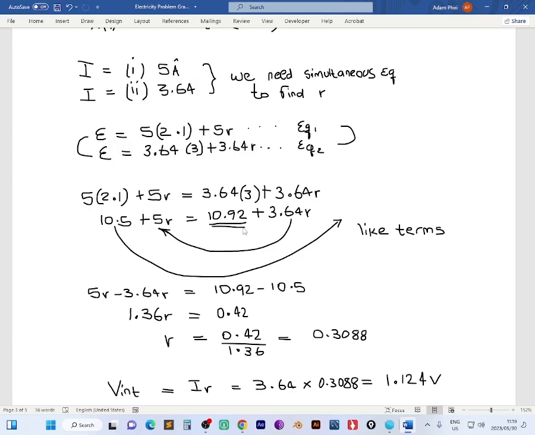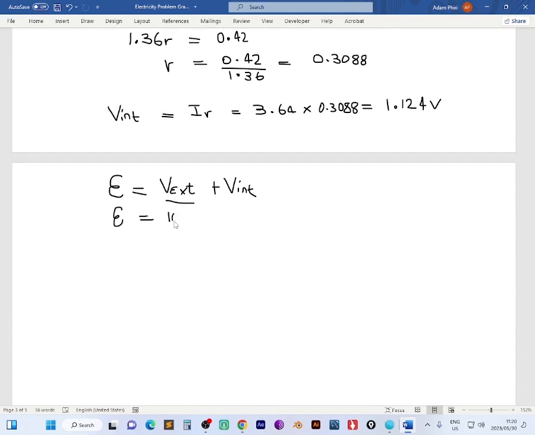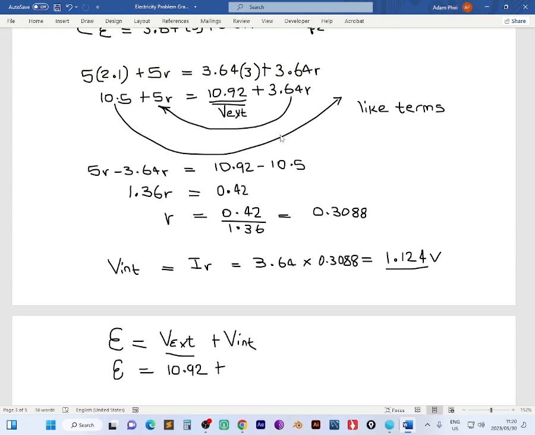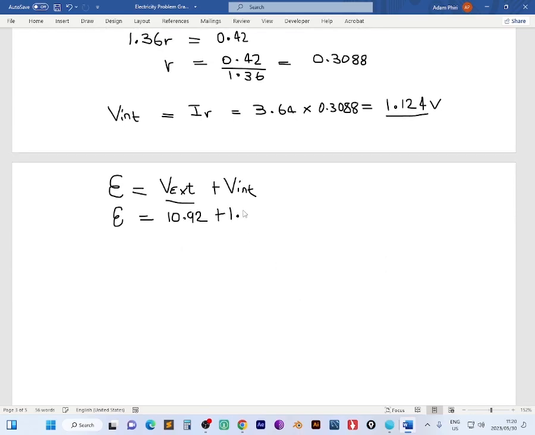It's 10.92. Remember that is current times resistance. So it's 10.92 plus 1.124. So adding that together gives us a value of 12.044.